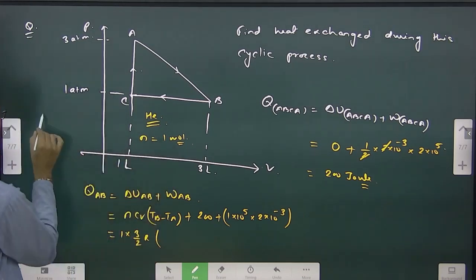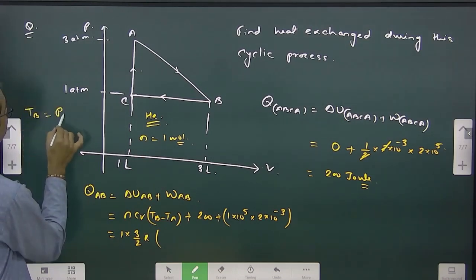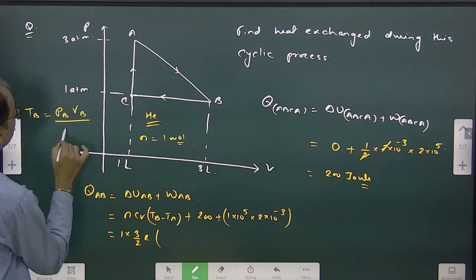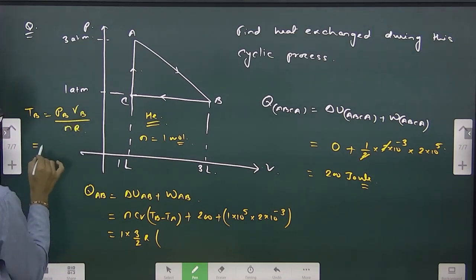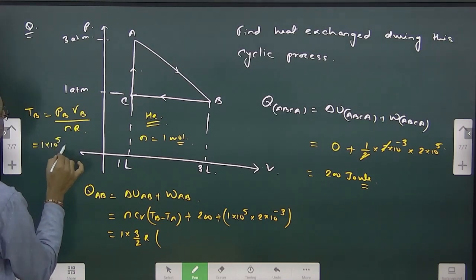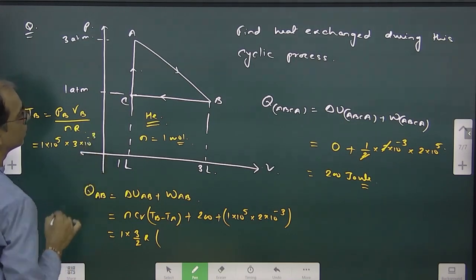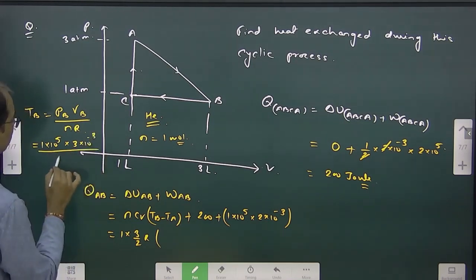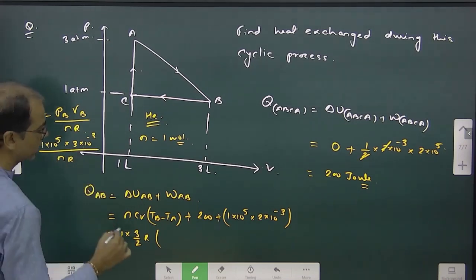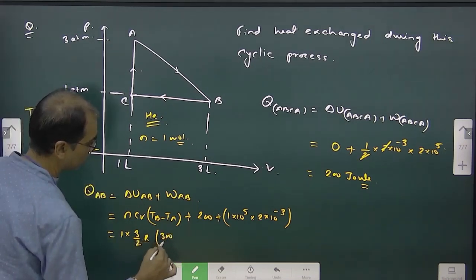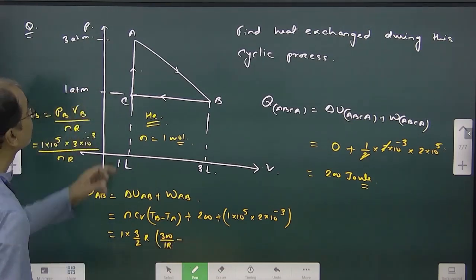Now we have to find the temperature. So how to find the temperature at B? The ideal gas equation is there. So T B will be P B V B by nR. What is P B? 1 atmospheric, 1 into 10 to the power 5. What is V B? 3 liter, 3 into 10 to the power minus 3. By nR. Let it be nR only. So what's coming here? This is 300. So T B is 300 by 1R, minus T A. T A we have to find.